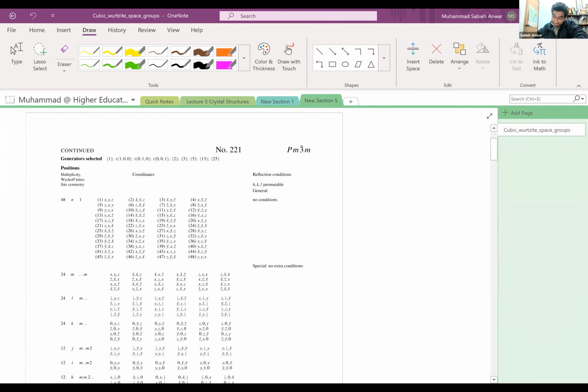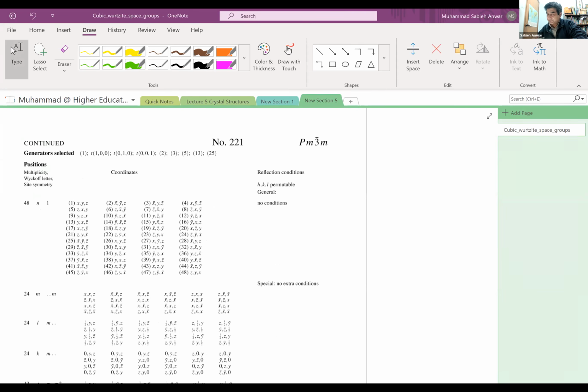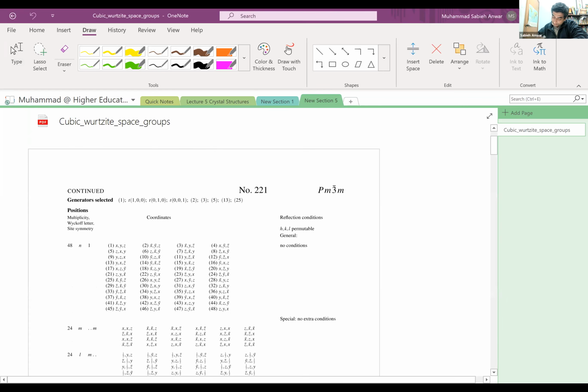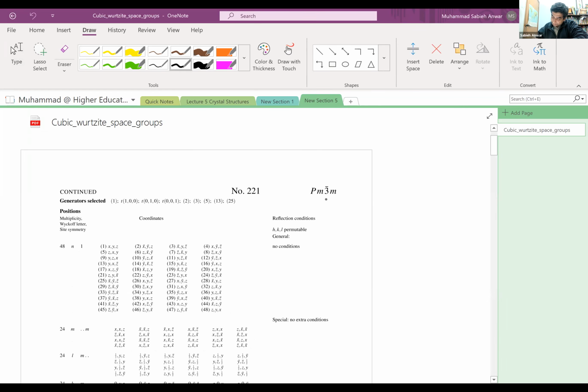This is the entry of the crystal structure of the space group. Now let's see what we have over here. We have the name of the space group, which is P m 3 bar m.